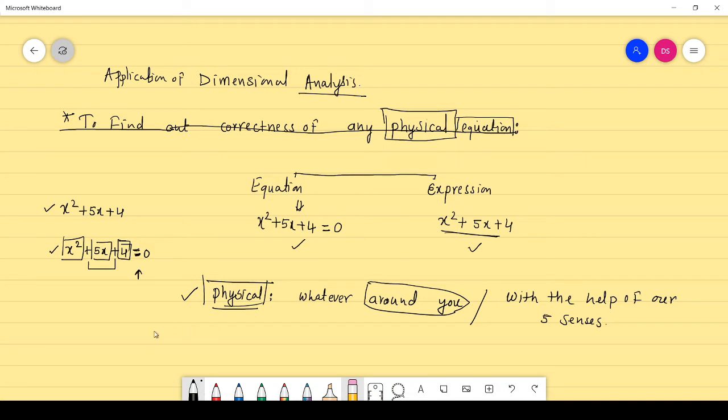We understood what physical means and what equation means, but what is a physical equation? That we need to study over here.